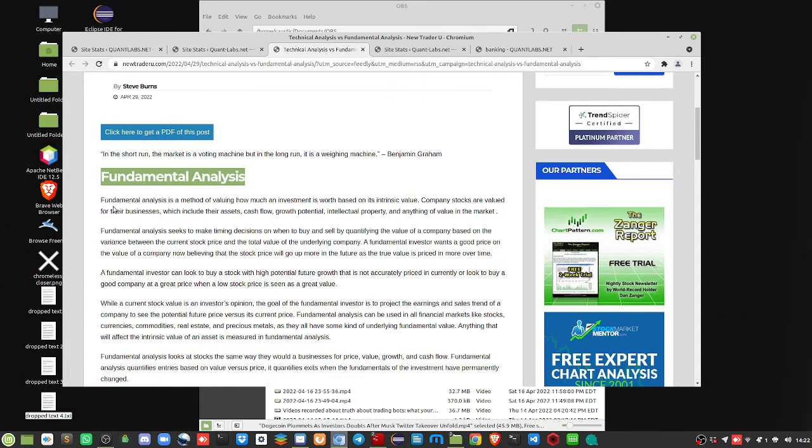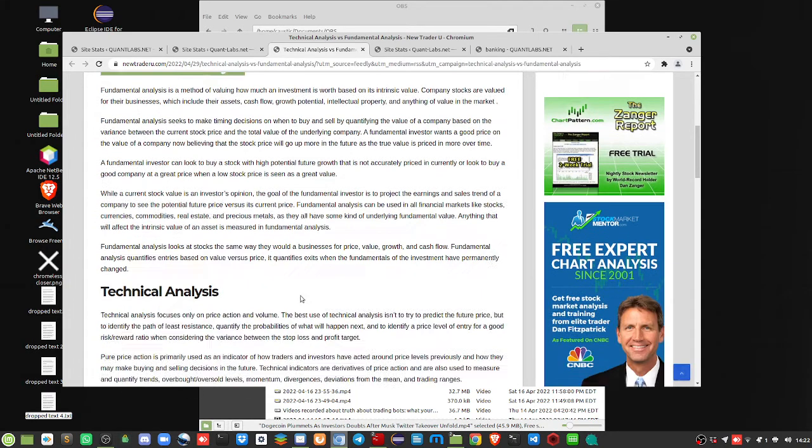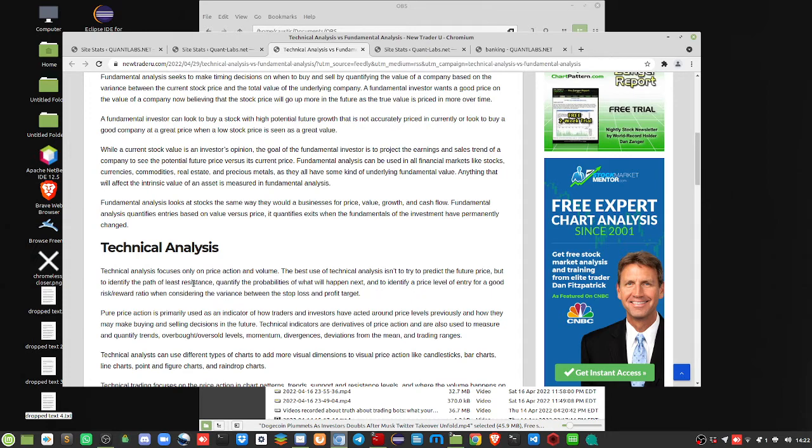I don't care what people say, it's fundamental supply and demand. News impacts it, economic news impacts it, and there can be some manipulation. So that's fundamental, and then technical is more the indicators and the charts you would use to time the trades.